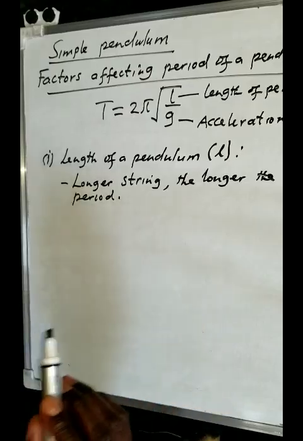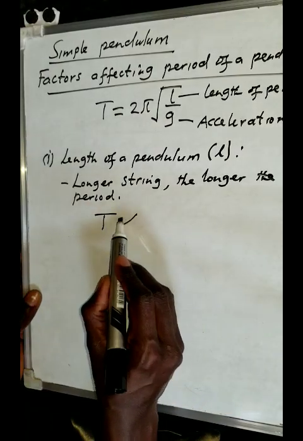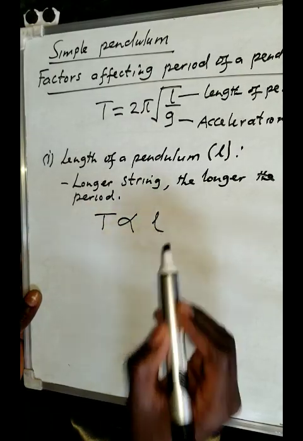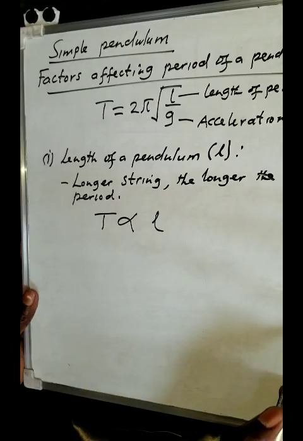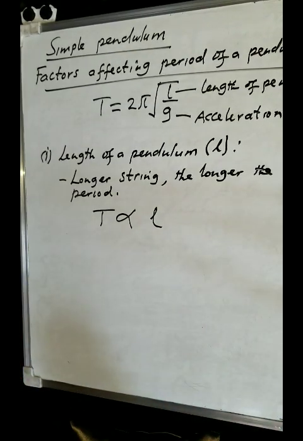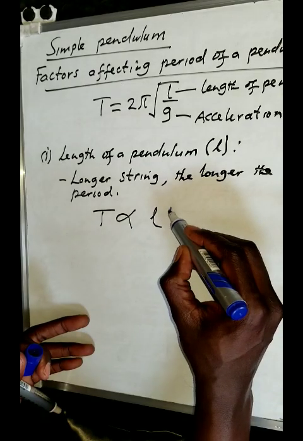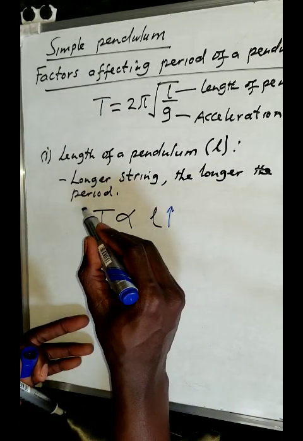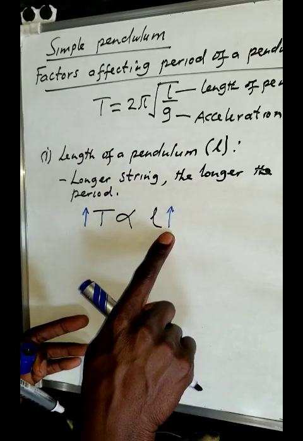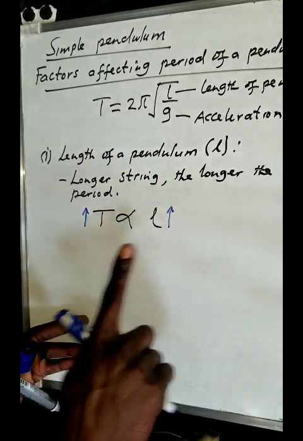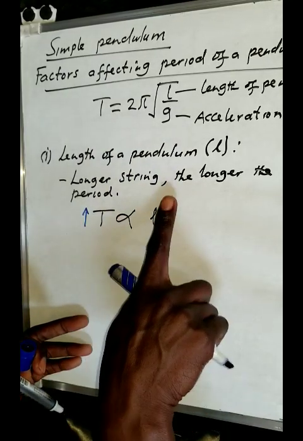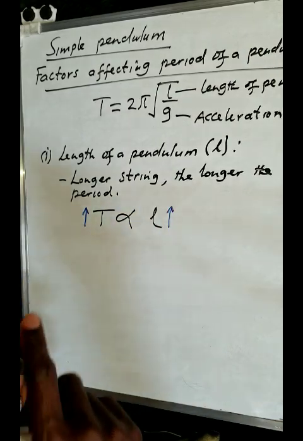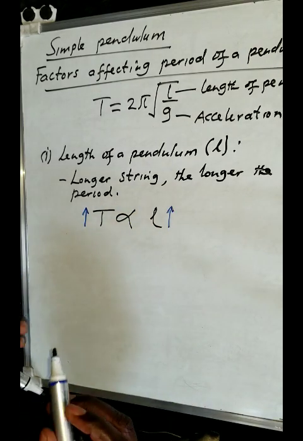How? Well, this is because period is directly proportional to the length. That's what you need to remember. So if you increase the length of a pendulum, it simply means that the period will also increase. I'm indicating by the arrow going up that you increase.